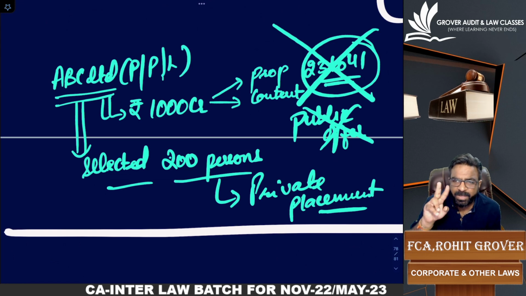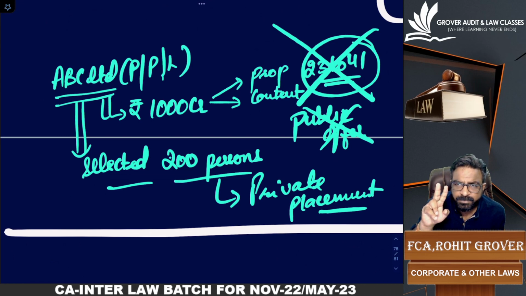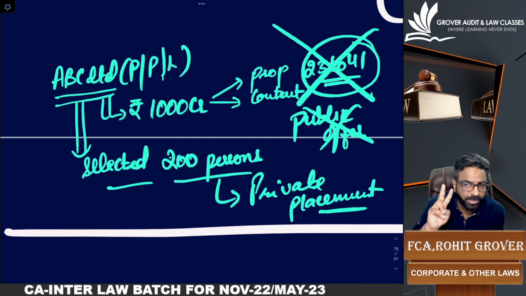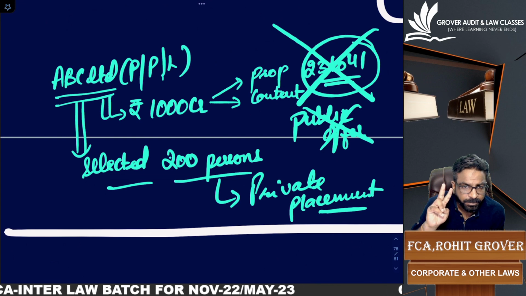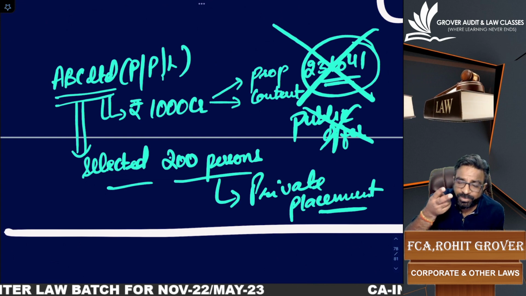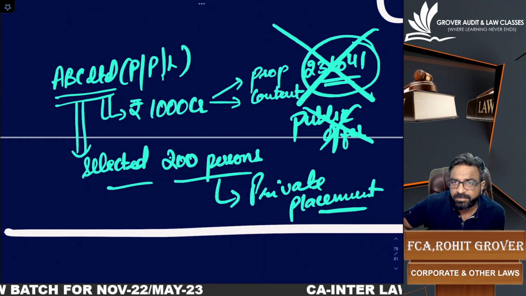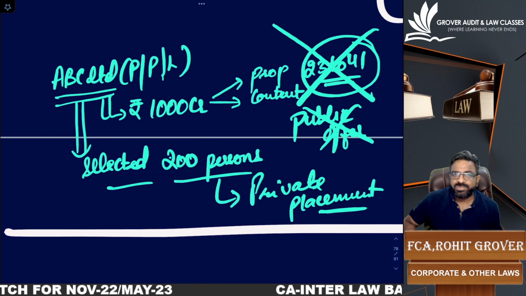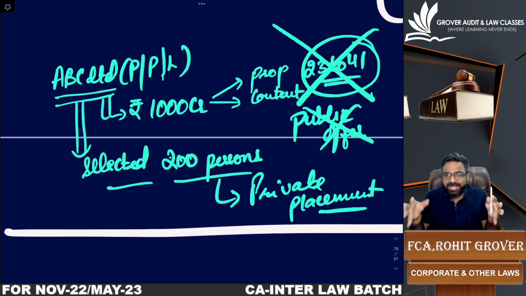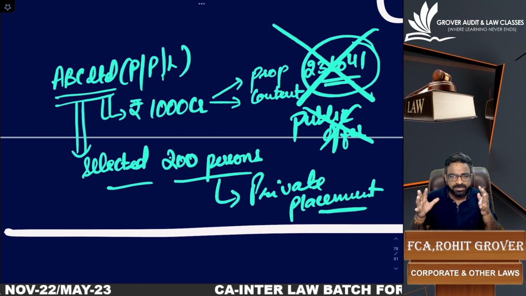How many new people are going to come? 200 persons. But those 200 are also the existing shareholders of the company or not? Yes, sir. So is there any dilution of the control in the hands of anybody else? Or no dilution? No, sir.